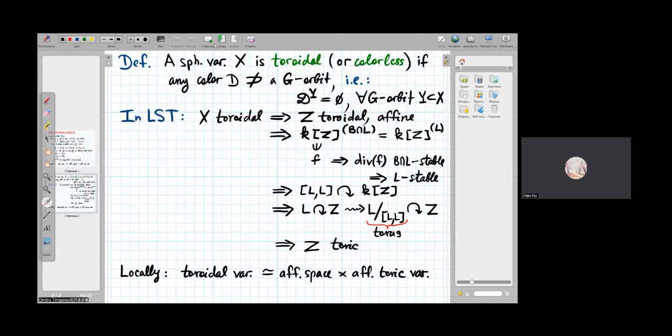If the affine space is indeed an affine variety, then the product can be patched together and we say that the toroidal variety is locally a toric variety. There is no reason to write the affine space; this is what I just said.